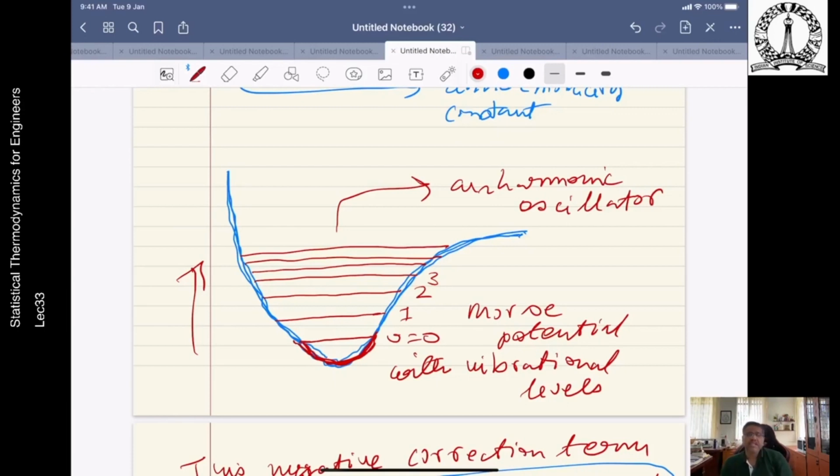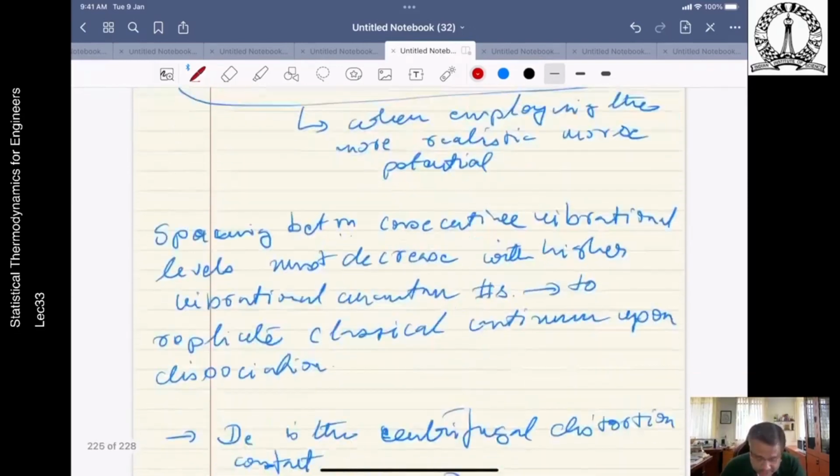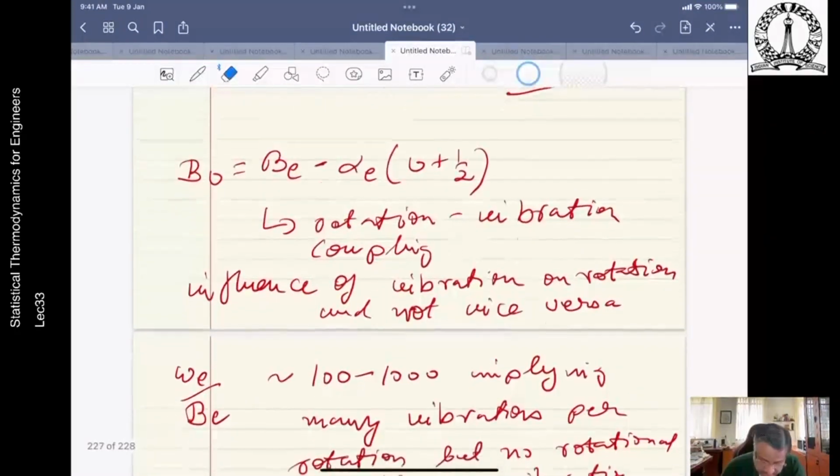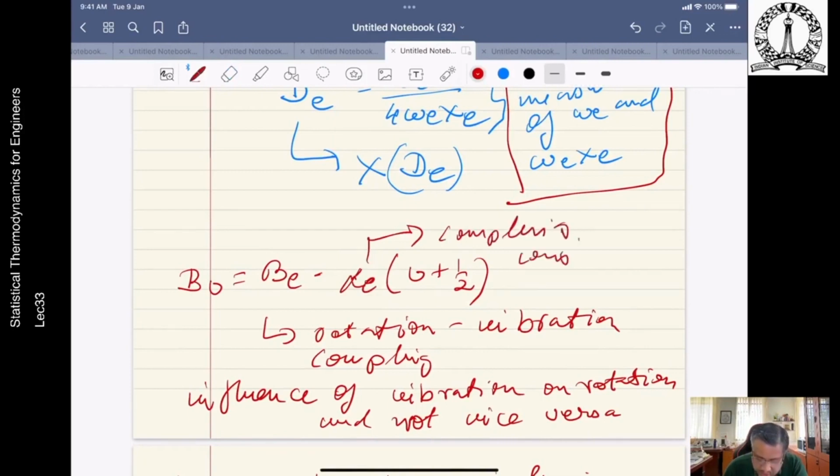So that's the negative correction term involving the coupling constant alpha e. Again, it is negative in nature.